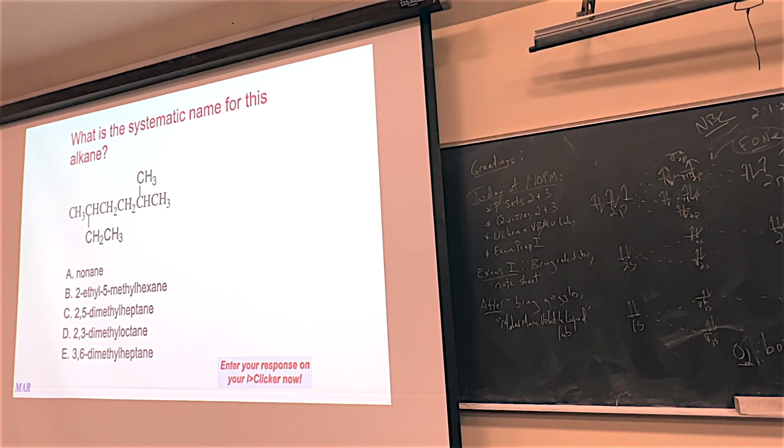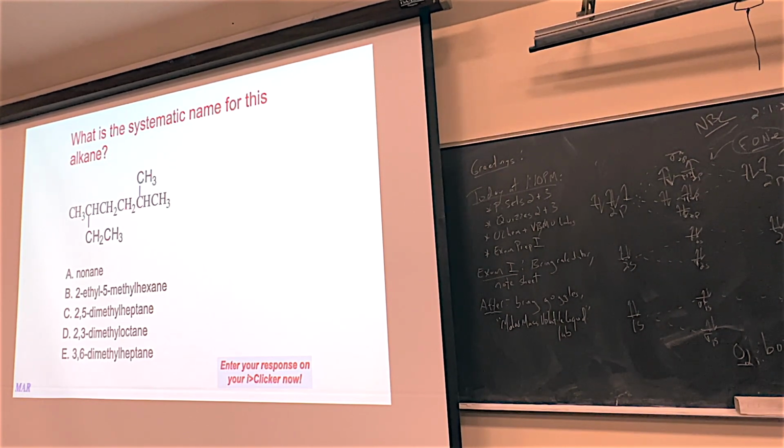Now to figure out the chain of carbons, it's like putting your pencil down and trying to circle through as many carbons as you can. So like I could do 1, 2, 3, and that's okay. I could go right to left, 1, 2, 3, 4, 5, 6, and that's not bad. But of course, you can probably see you can do even better if you start here and go down through this part of the carbons.